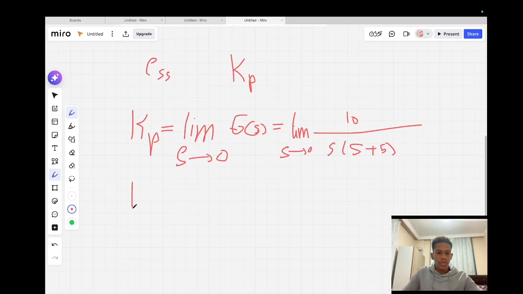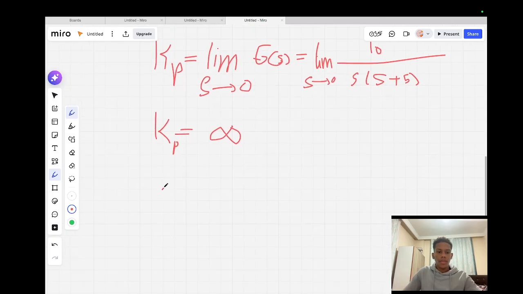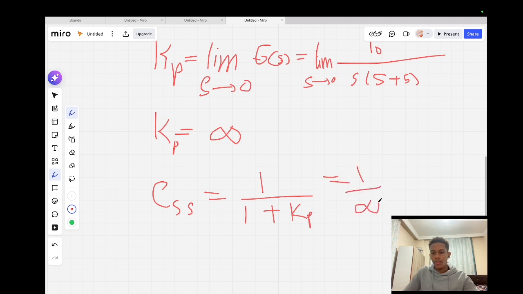So KP equals infinity. So the ESS error equals 1 over 1 plus KP. So it's equal to 1 over infinity, which equals 0. So here there is no error.